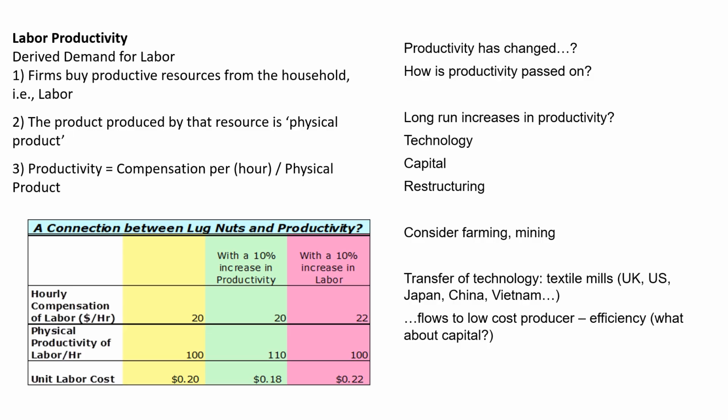Would you initially want to pass those cost savings on to your consumer? Nope, you don't want to do that. You want to not do that as long as possible. But this is where the invisible hand of competition steps in, and that's how it ultimately gets passed on to the household as consumer, okay?